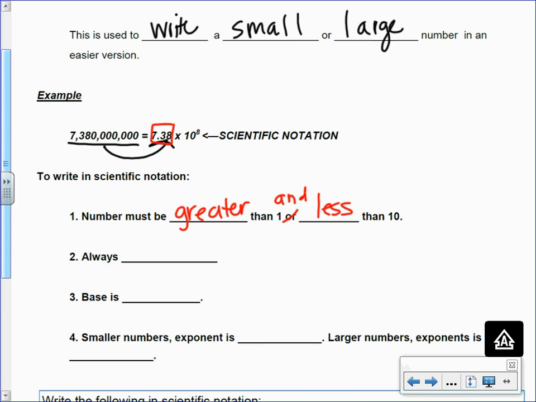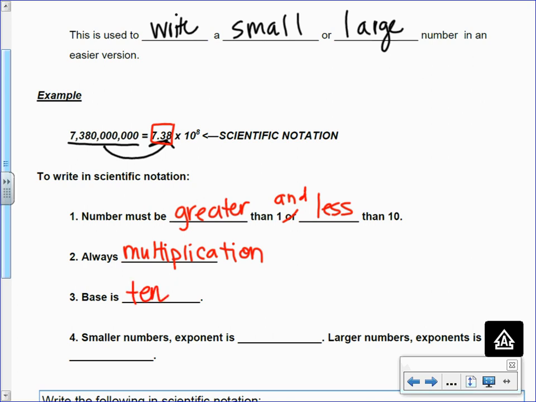Everybody good there? And then you're always using multiplication. So you're going to take that number and multiply it. And in scientific notation, you actually use the x. I'm not quite sure why, but you actually use the x. And then your base is always 10, because we're working with the power of 10.